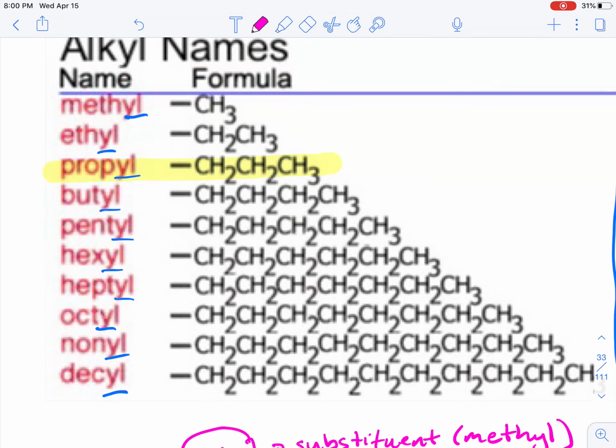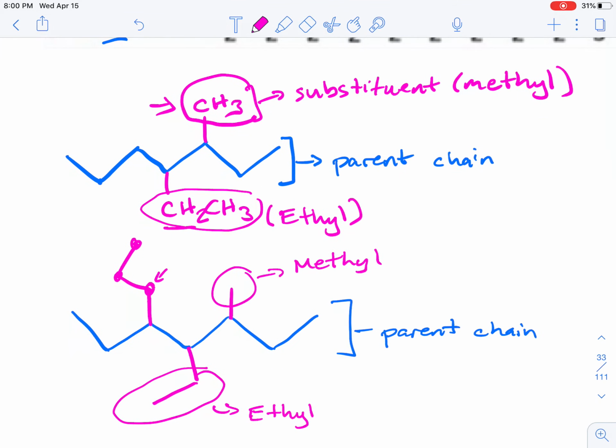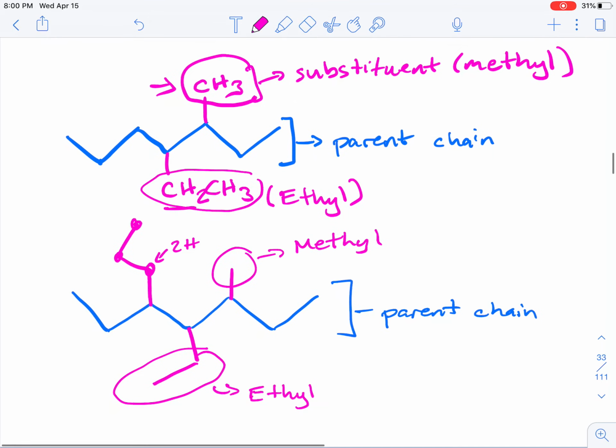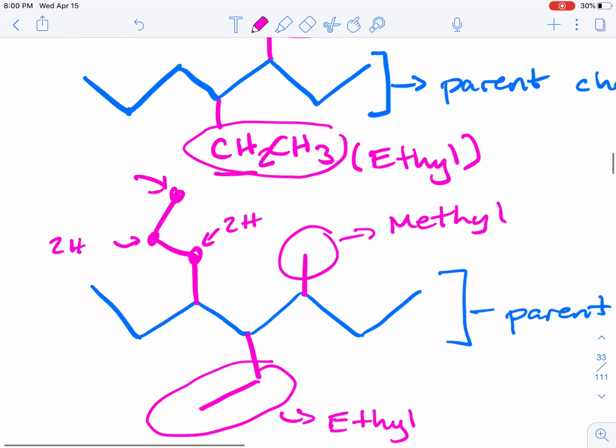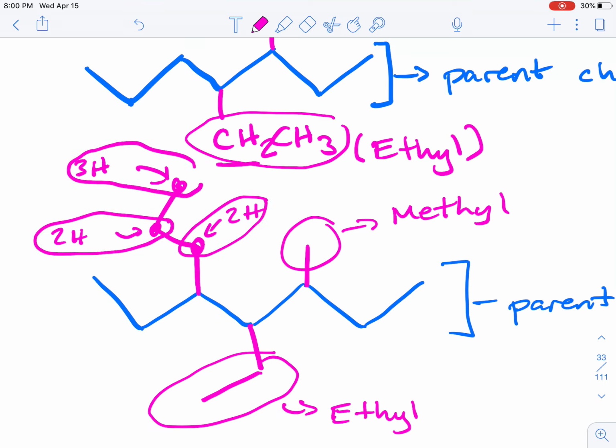So if I include my hydrogens, I have 2 hydrogens here, so that carbon can have 4 bonds. This carbon only has 2 bonds, so it needs 2 more bonds. That's going to be hydrogen. And the last one only has 1 bond, so therefore it needs 3 hydrogens. So this is CH2, CH2, CH3. Okay, so that's going to be propyl.